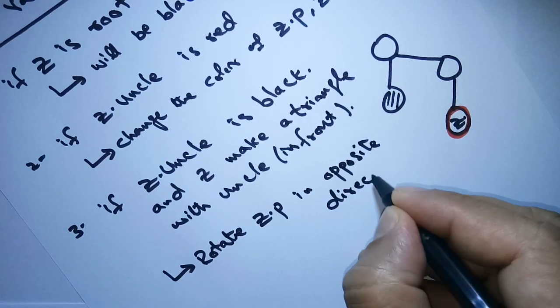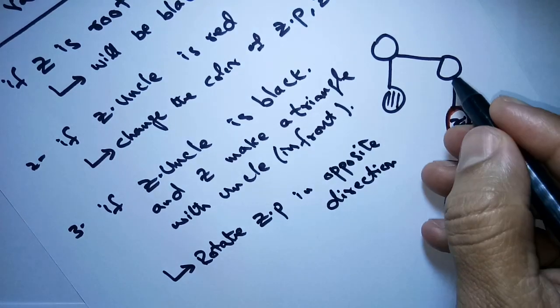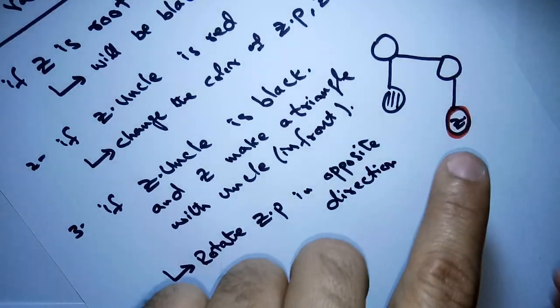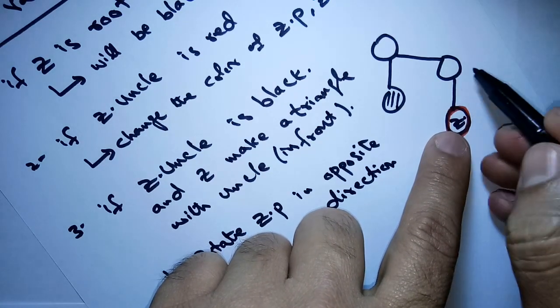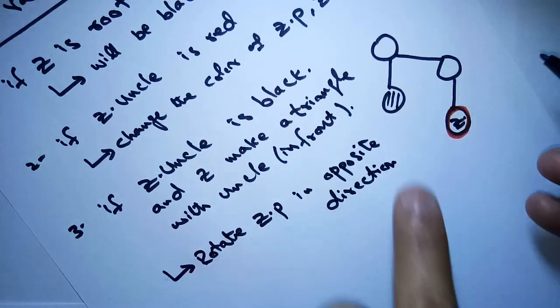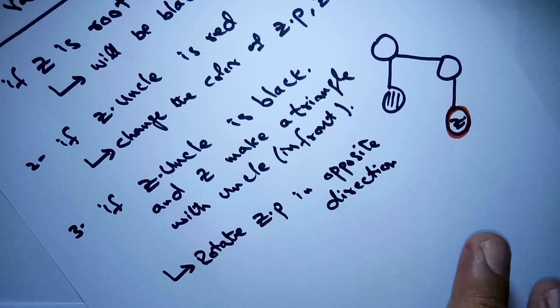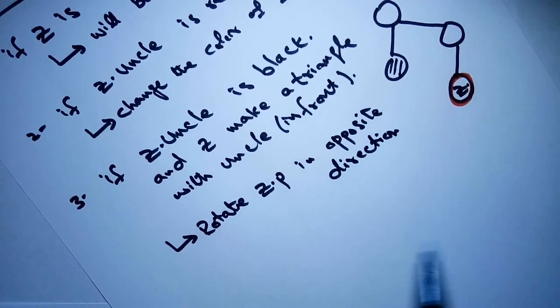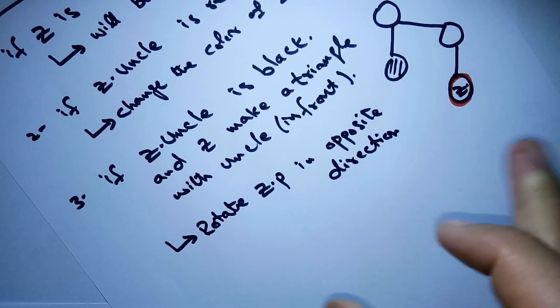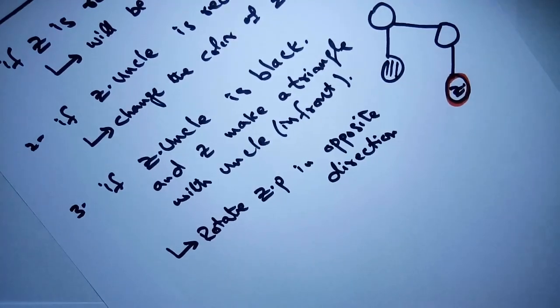In this case, for example, rotate the parent in this direction, so Z will come up and this will go down like this.